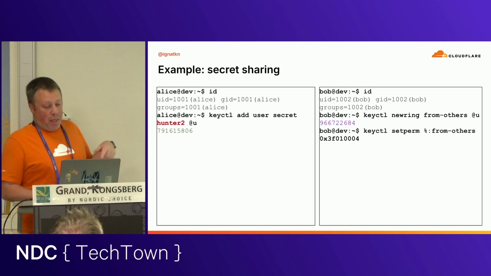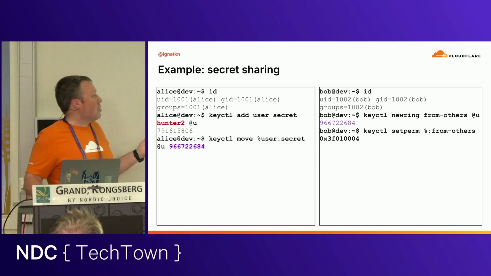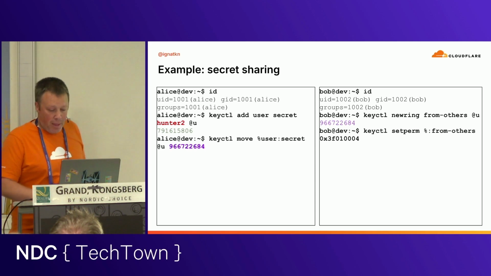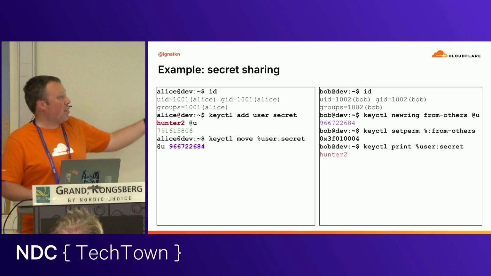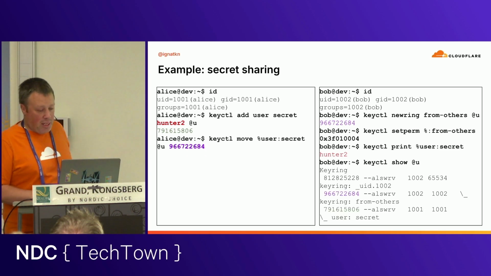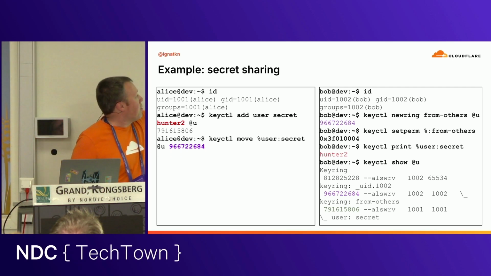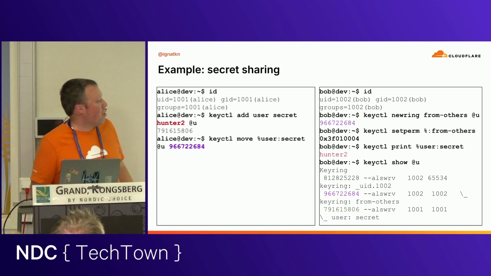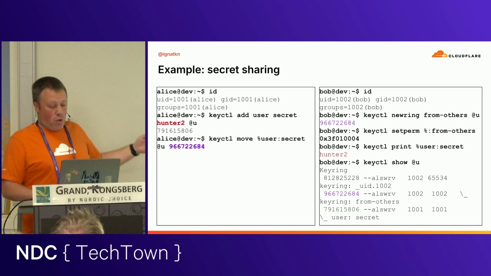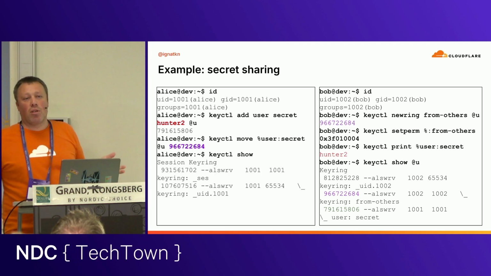Then Bob can communicate his keyring's serial number to Alice, and Alice can move her secret to Bob's keyring easily, right? And then Bob suddenly can access the secret information. Bob can access the secret because Bob now possesses the secret created earlier in Bob's keyring, whereas because we moved it, Alice cannot read the secret anymore because Alice does not own the secret.